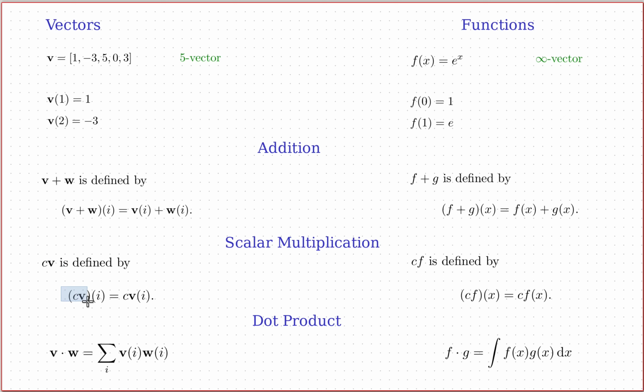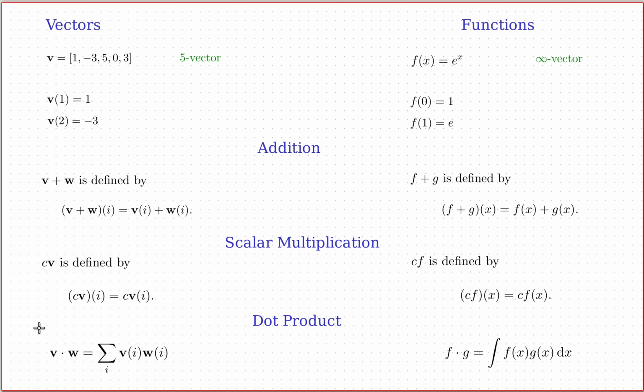So the scalar multiple cv is the vector whose ith component is c times the ith component of v. You can do the same thing with functions. You can define the scalar multiple c times f, where f is a function and c is a real number, to be the function whose value when you plug in x is c times the value of f when you plug in x.